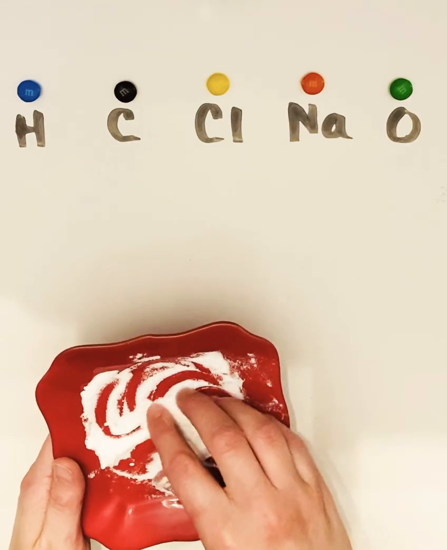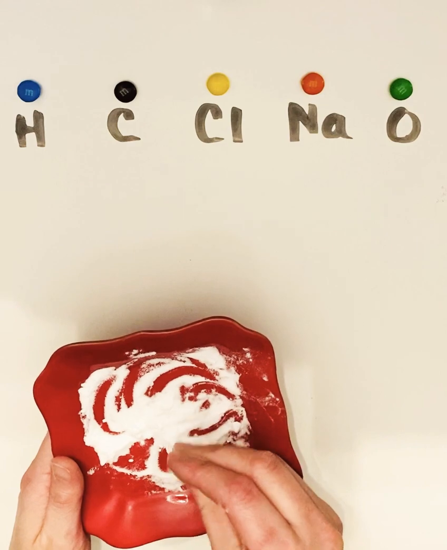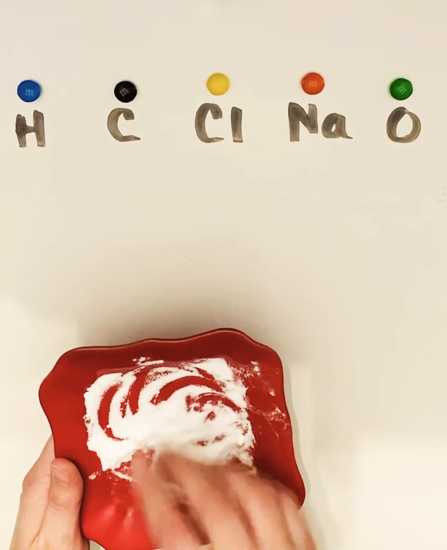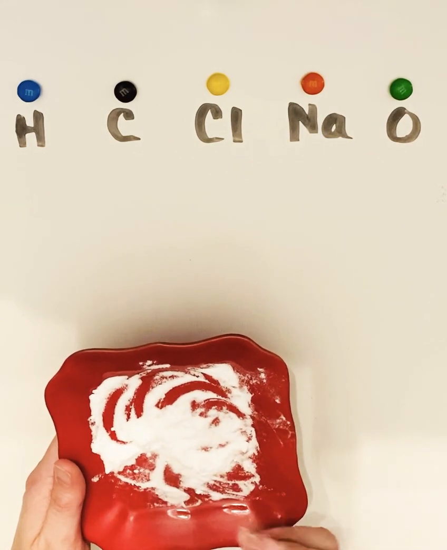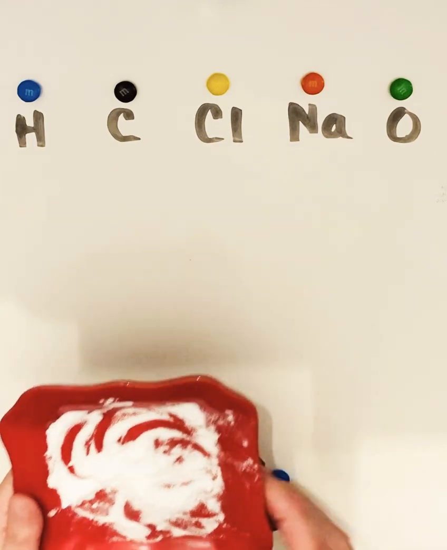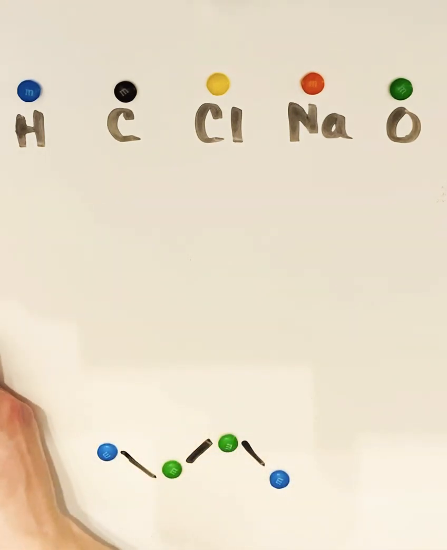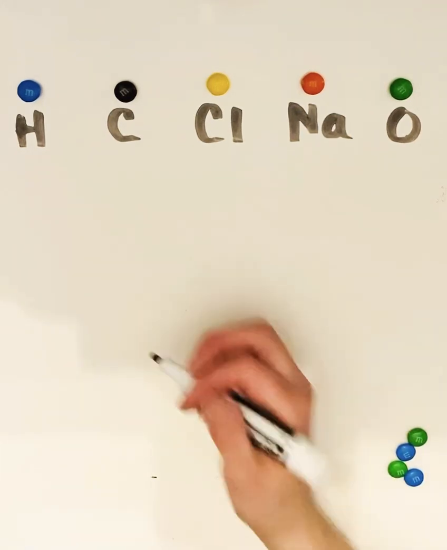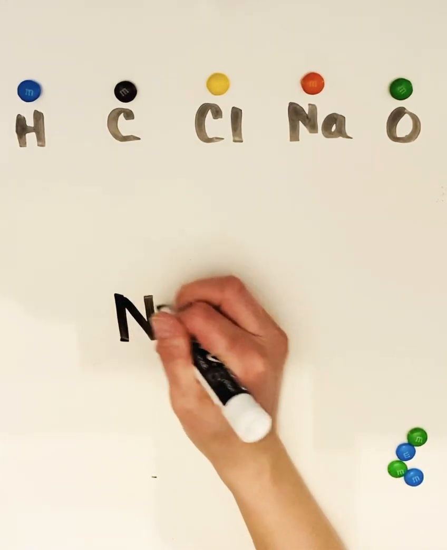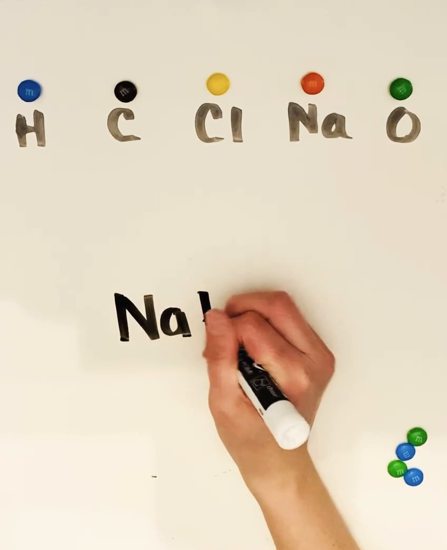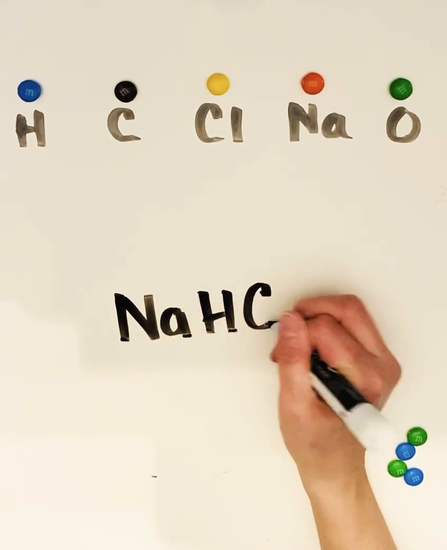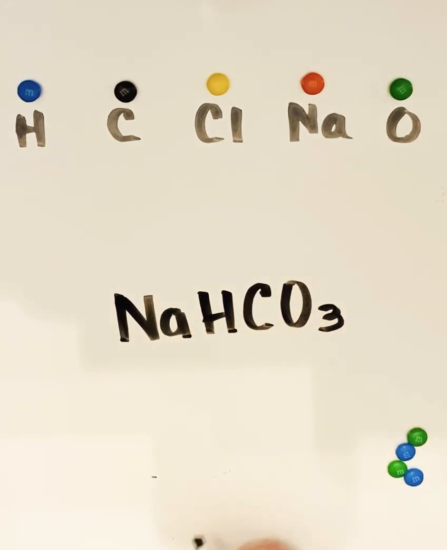So sodium bicarbonate contains 1 atom of sodium, 1 atom of hydrogen, 1 atom of carbon, and 3 atoms of oxygen. So I would write sodium bicarbonate out like this: 1 sodium, 1 hydrogen, 1 carbon, and 3 oxygens.